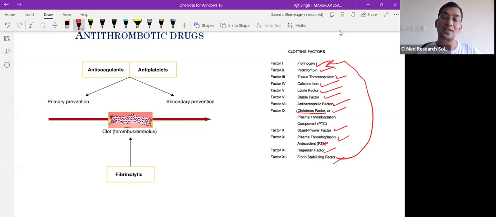So they have different roles and responsibilities in your coagulation, and not all the clotting factors are involved in the clotting cascade. Okay, guys. Usually, as we have seen, factor 1, factor 5, factor 7, factor 9 and factor 10 are involved in the clotting cascade, in platelet aggregation and clot formation.